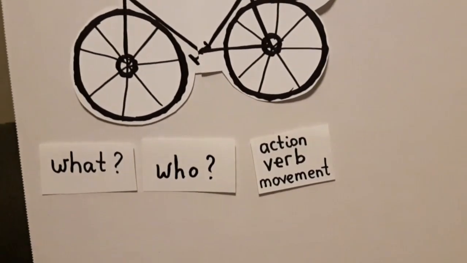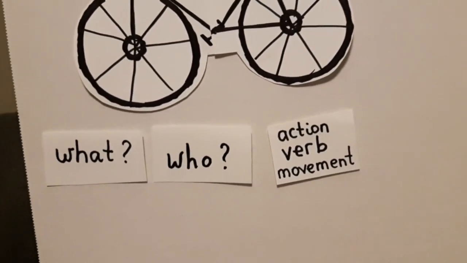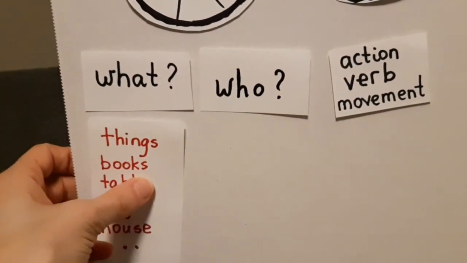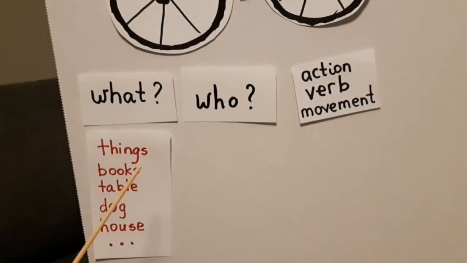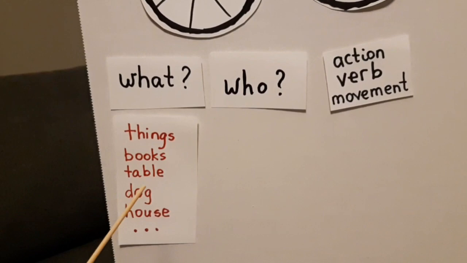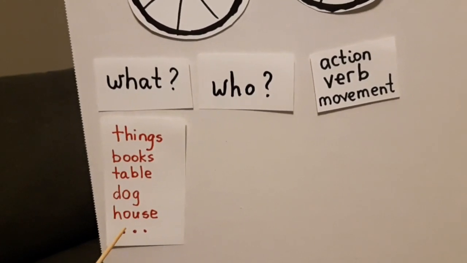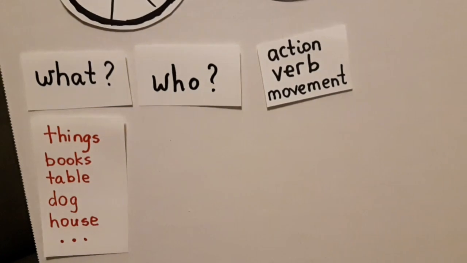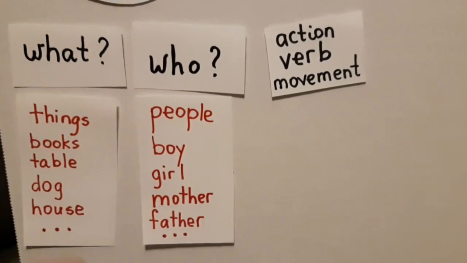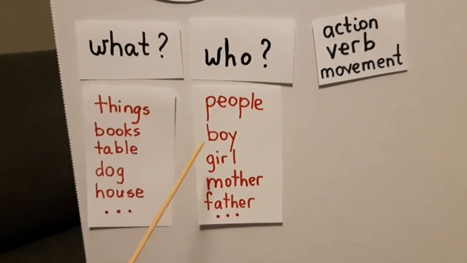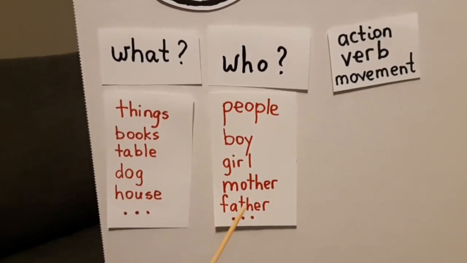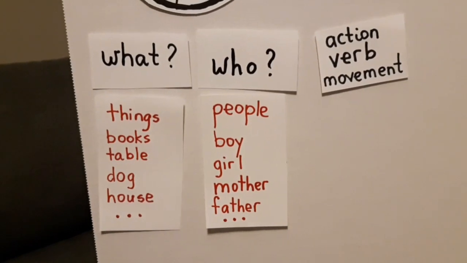Let's have some examples. When you say what, you understand that we're talking about things, for example, books, tables, maybe a dog or a house. If we talk about who, we speak about people, boy, girl, maybe a mother, maybe a father, and many other words.